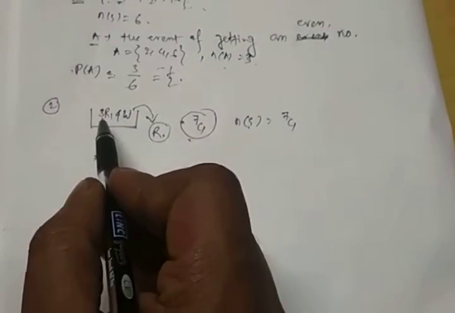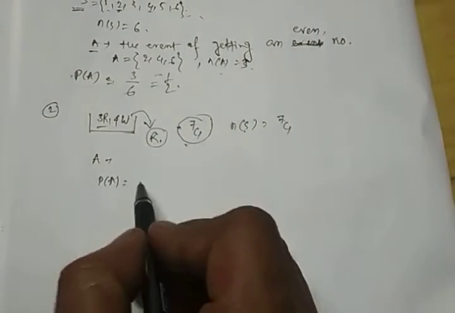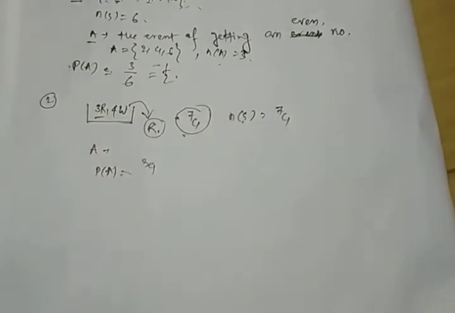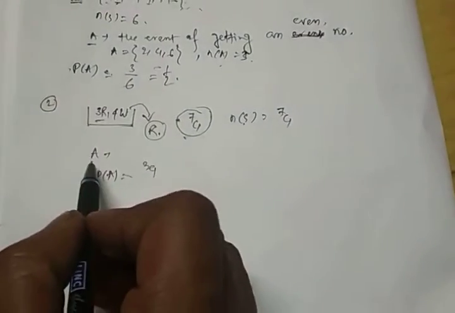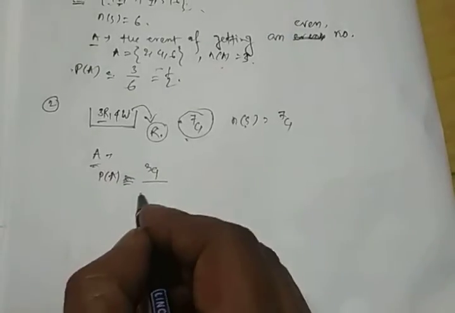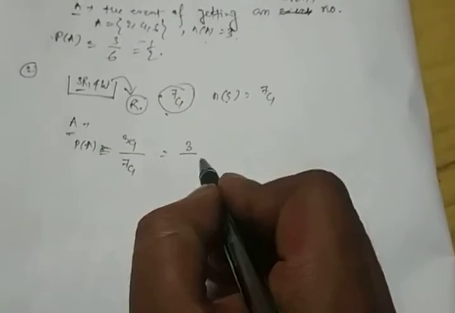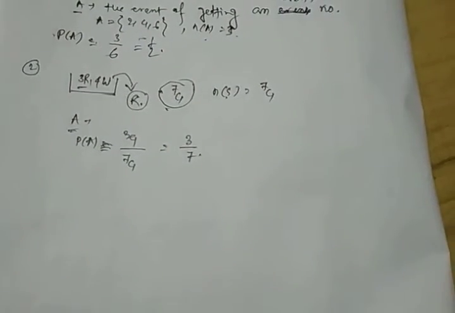There are total 3 red balls, 1 red ball will be selected, so the total number of favorable outcomes will be 3C1. This will be the number of elements in the set A, so the probability will be 3C1 divided by 7C1. By the formula of combination, this will be 3 and this will be 7.